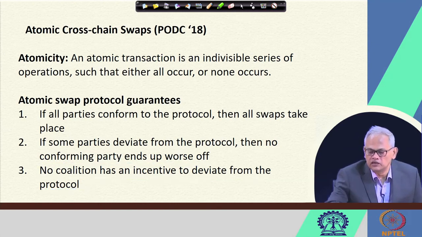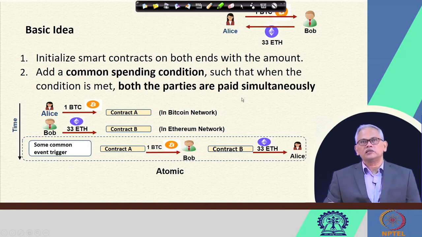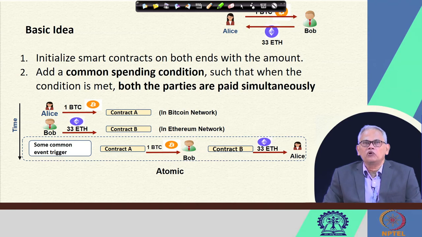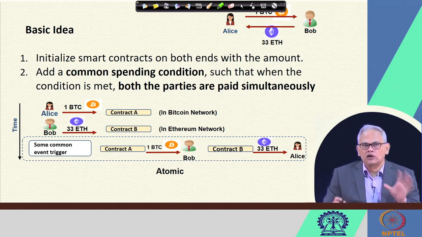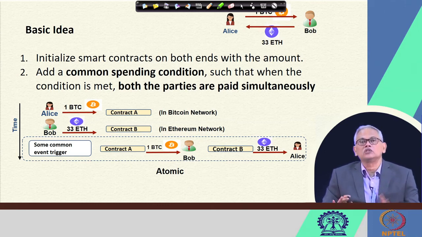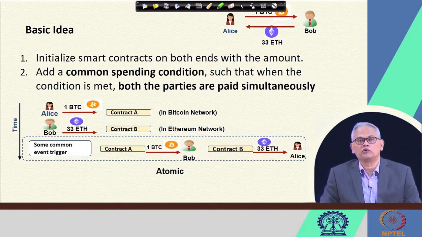So, let us take a look at this basic idea. What we have here is, of course, in terms of smart contracts. We have multiple smart contracts that will be written. Let us see how the smart contracts would work conceptually. Of course, one has to write the smart contract code in the appropriate language of these networks.